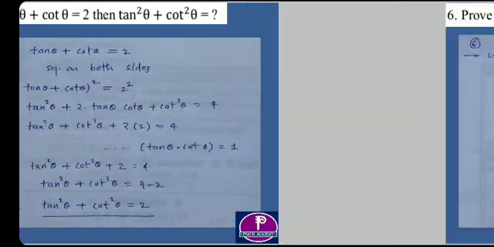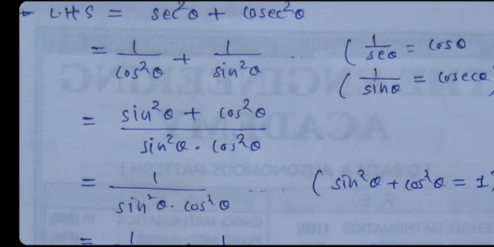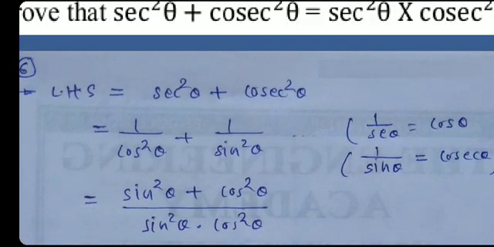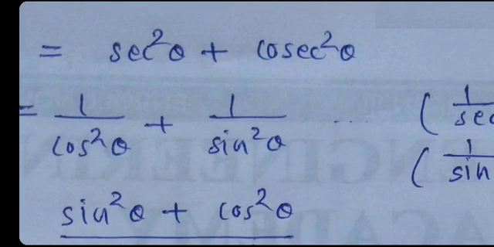Okay, next: prove that sec square theta plus cosec square theta is equal to sec square theta into cosec square theta. So here once again I have taken the LHS, sec square theta plus cosec square theta. Now we know that sec is 1 upon cos, so sec square theta is 1 upon cos square theta, and cosec theta is 1 upon sin theta.